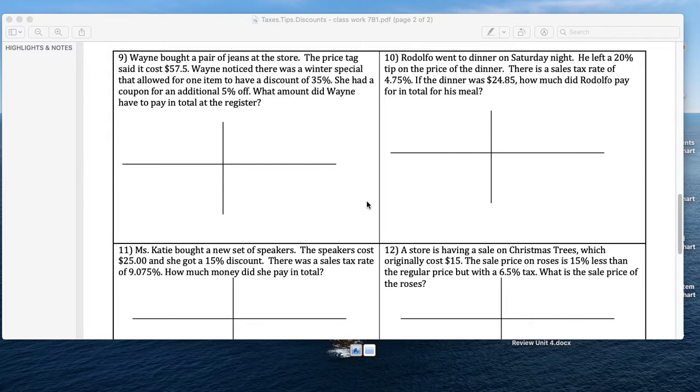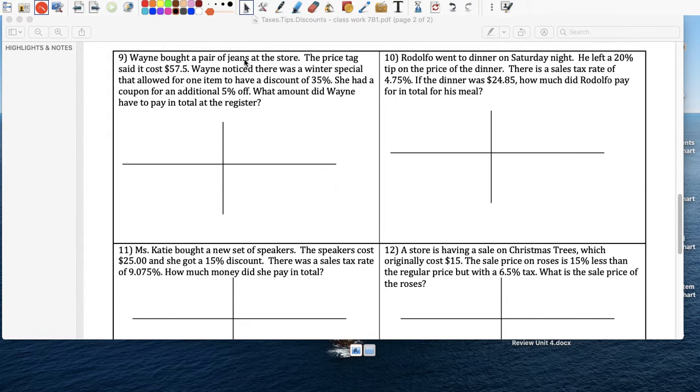Nine, a pair of jeans. Let's see, we have a discount of 35%, and then we have another discount of 5%. All right, good. So this one is pretty straightforward. So $57.05 is the original price. After my first discount, 35%, I'm left with 65%. If I multiply those two, I get my new jean price, right?